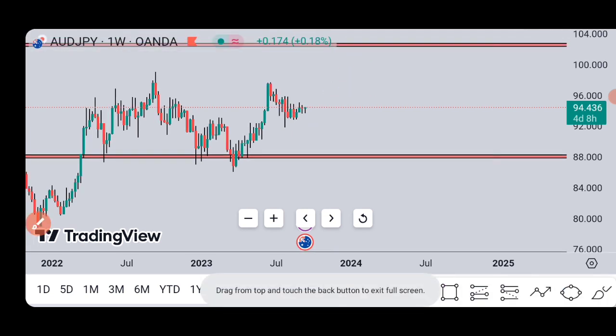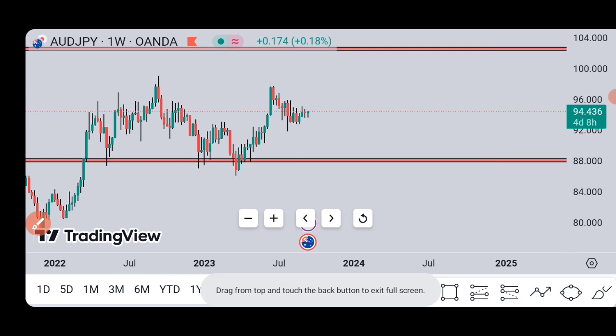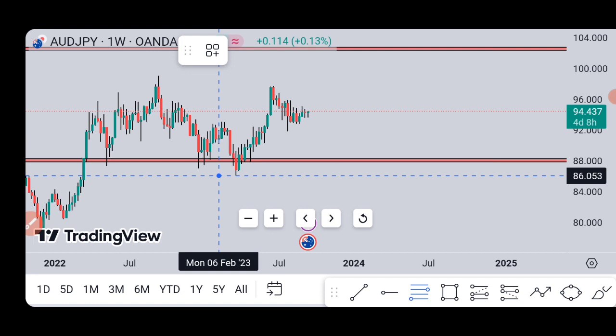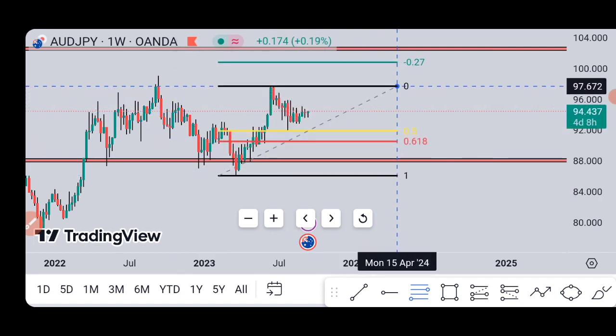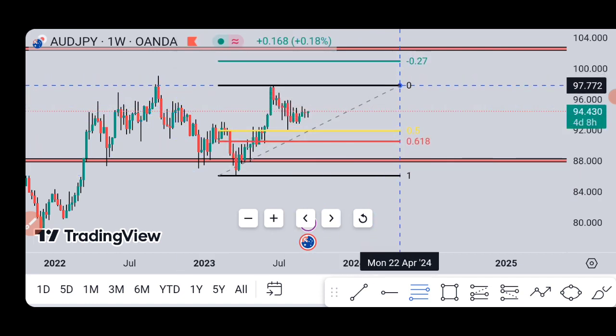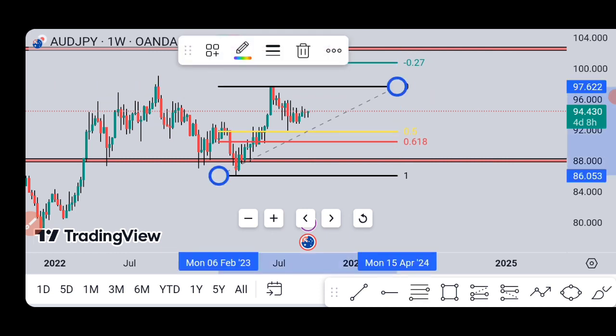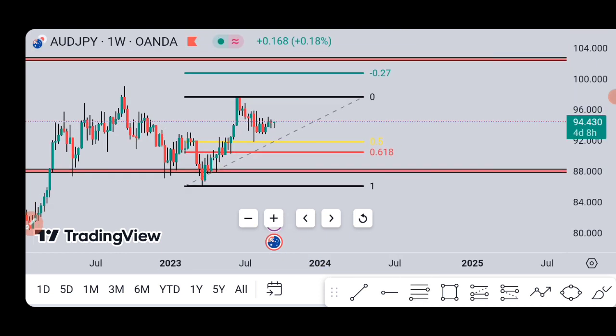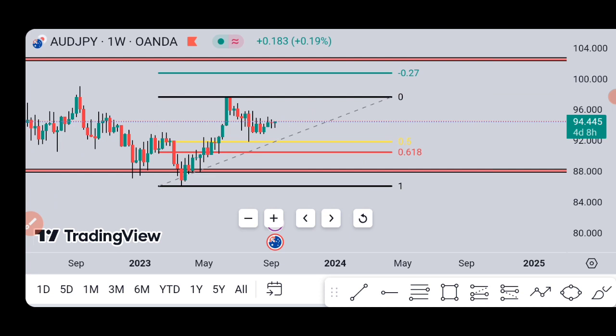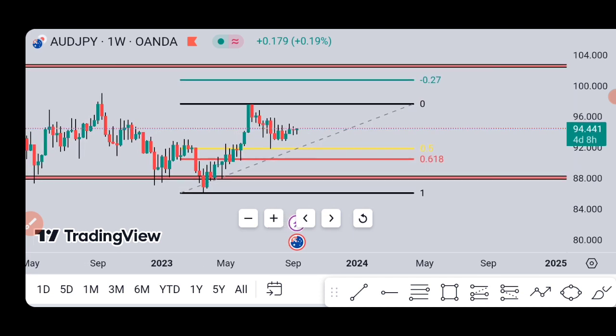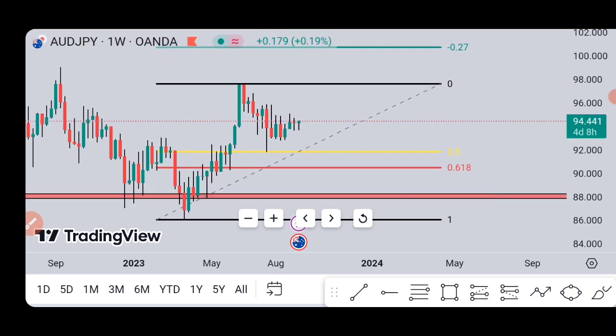Then let me put my Fibonacci from A to B. Now the market just tests the 0.5, but we didn't get a deeper correction, so we didn't get a deeper test of this zone.